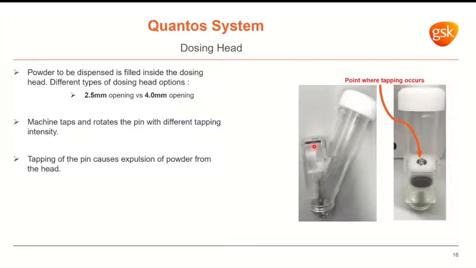So this pin not only taps, but it also rotates. The machine causes it to rotate and to tap simultaneously. And the dosing head has an opening size which can be 2.5 millimeter or 4 millimeter depending on the dosing head you select. So there are many different kinds of dosing heads.